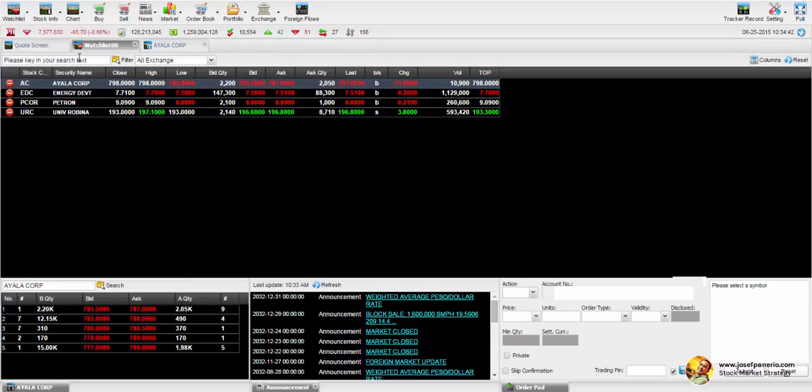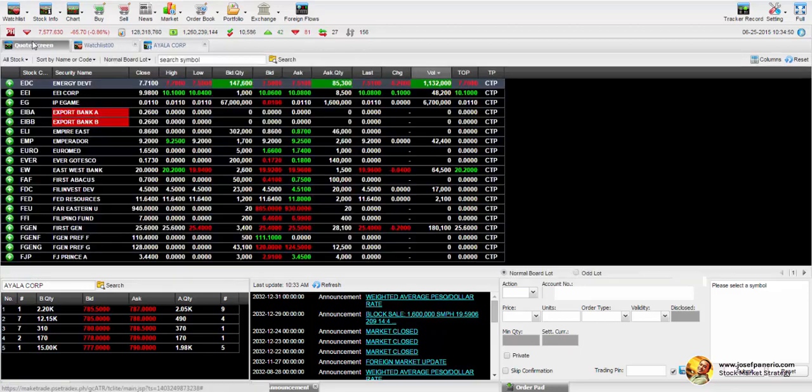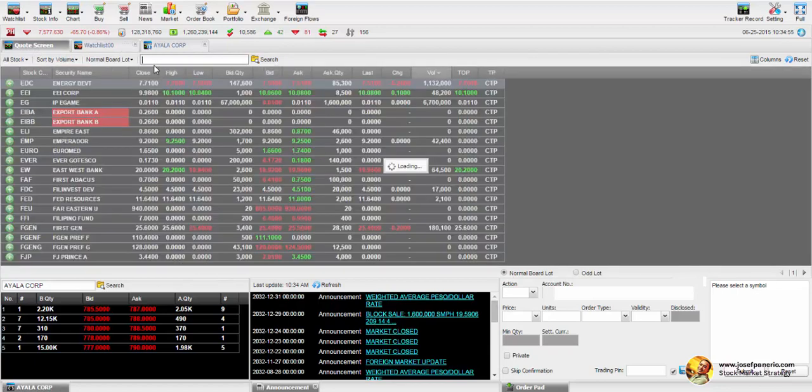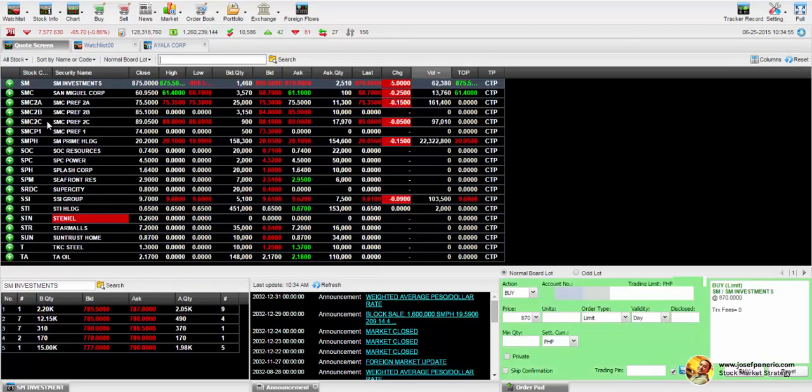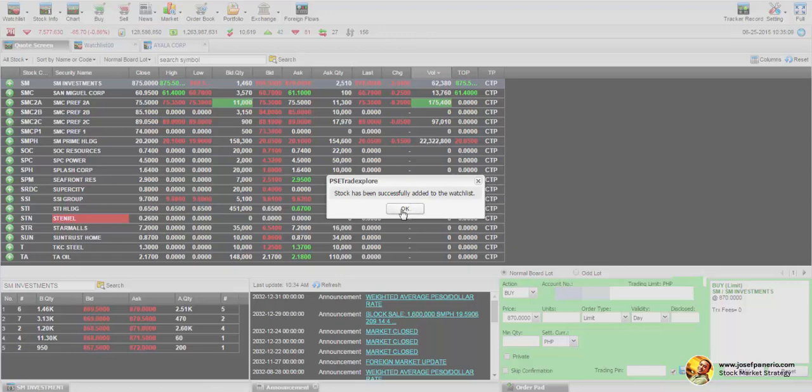So we can go here, search for a stock, let's say RLC or SM. Sorry, let's go to the main code screen, then type SM. It will display here. Then just click the green button on the left side. Then pick where you want to put it on a watch list. Then click add. It will be added.